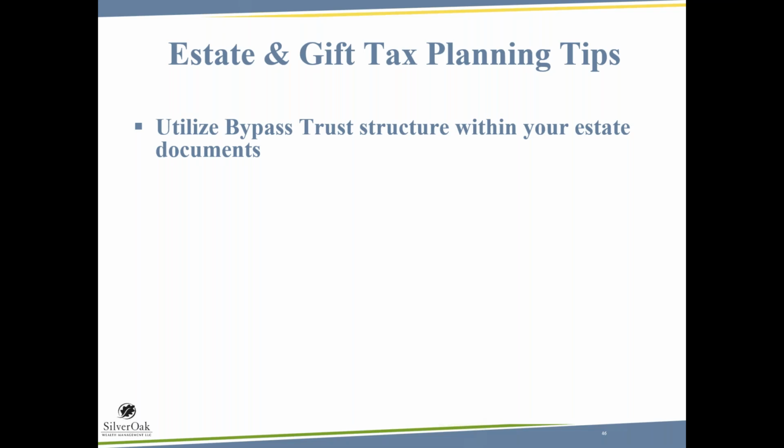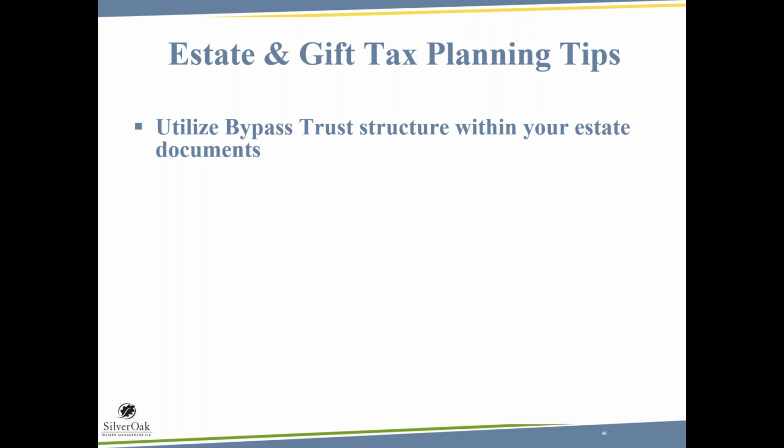Another technique, utilize a bypass trust. So first spouse passes away. Let's say that spouse has, I don't know, let's say $2 million. And their spouse, the surviving spouse, has, let's say, $2 million.